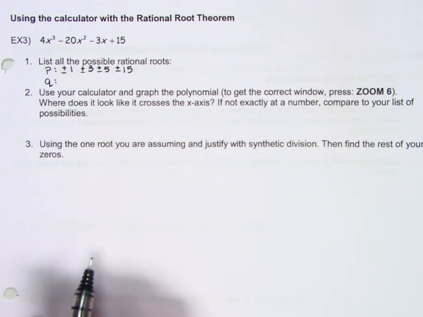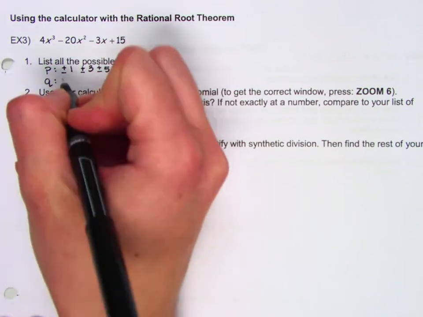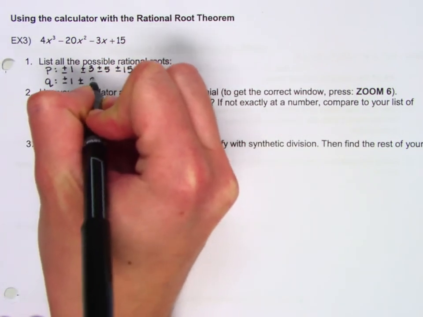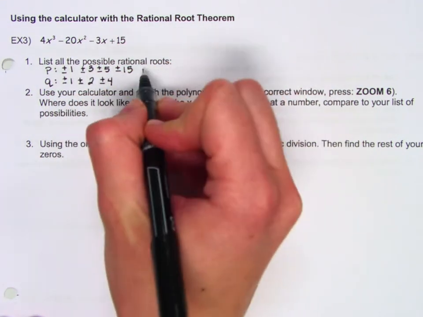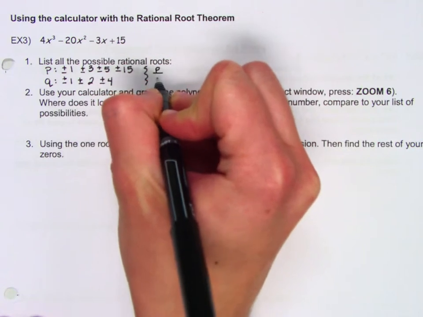Then all of the possible factors for Q, being our 4 here, would be plus or minus 1, plus or minus 2, and plus or minus 4. So to find the possible rational roots, we take P divided by Q.